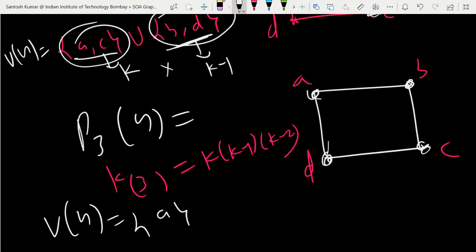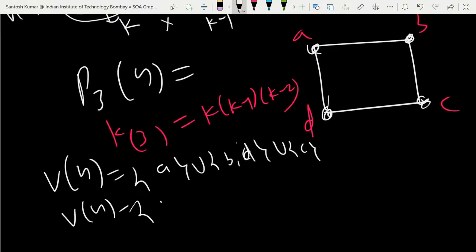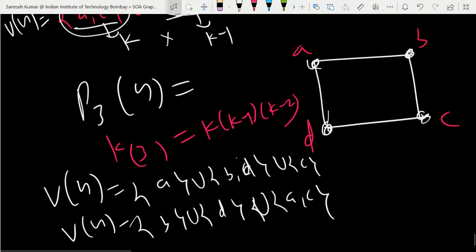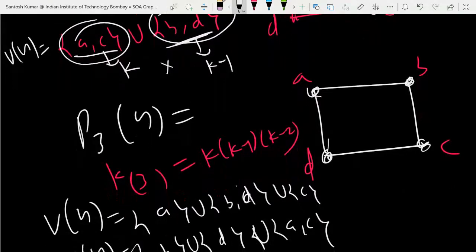As you told, you can take A, then B, D, and you take C. These are independent. A is independent, B, D is independent, C is independent. This is one way. The other way we had is B, D, and AC.